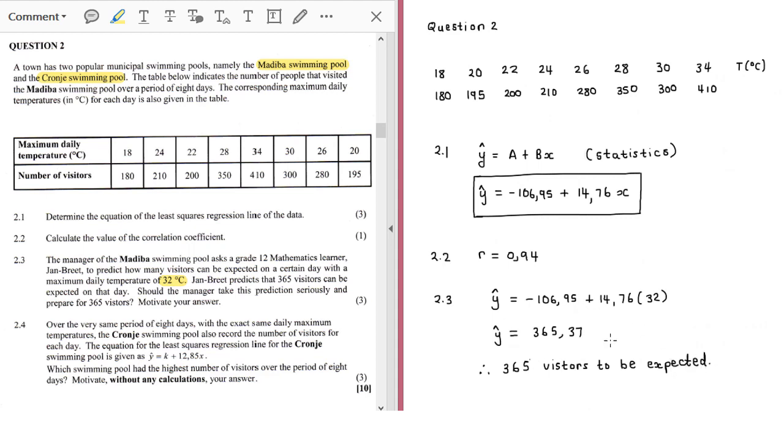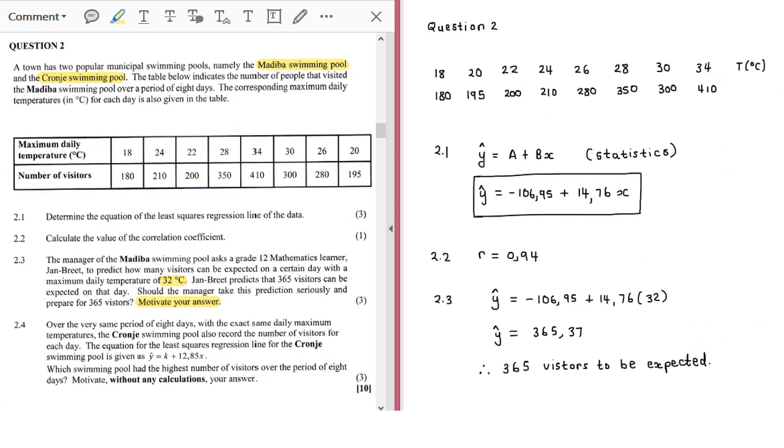Okay, so this calculation over here is basically forming part of this, or answering this part of the question, which is to motivate your answer. Okay, let's answer the other part. The other question was, should the manager take this prediction seriously?